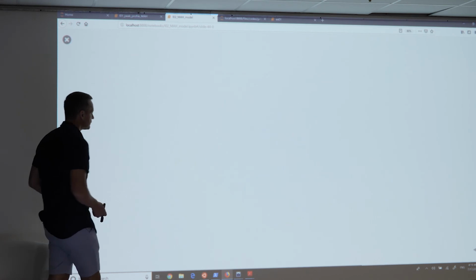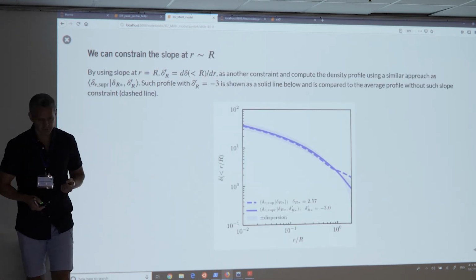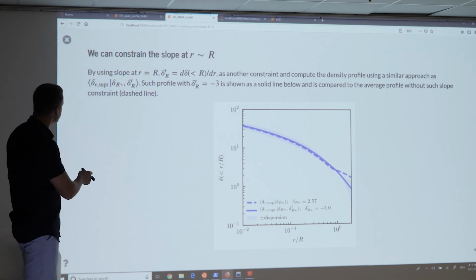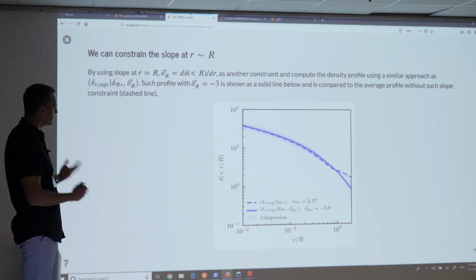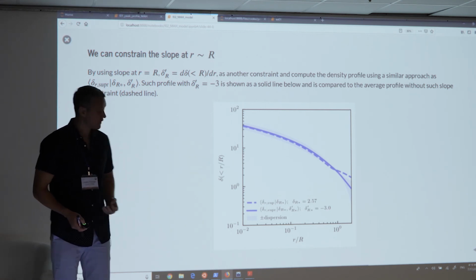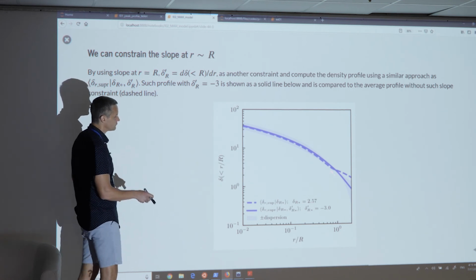This fact can also be taken into account because we can construct a conditional probability density, conditioned not just with a given delta at this radius, but also with a given slope at this radius. So we can use any number of conditions and still figure out what the corresponding profiles will be for the Gaussian field. And this is the solid line that you see here.